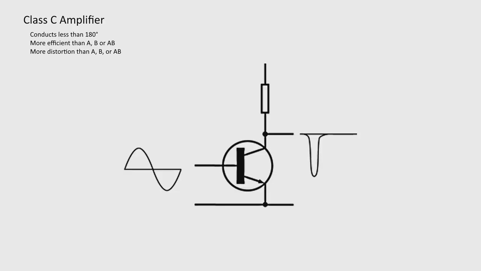However, they are used in some FM broadcast transmitters. Really? Yeah. You would think, how could that work? Well, if we look at the picture again, that's a good question. I'm glad you thought of it.